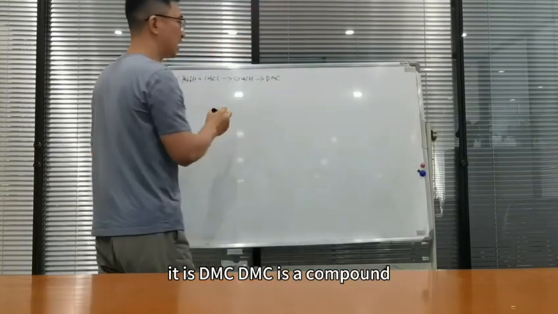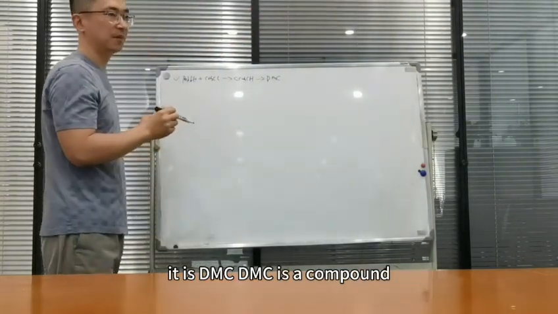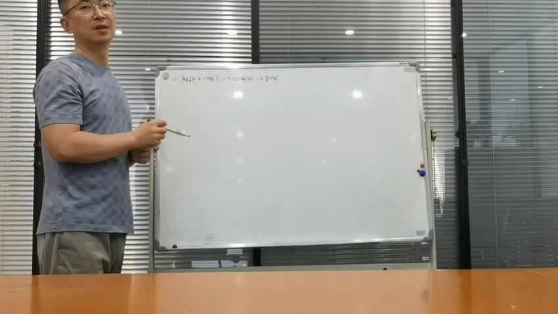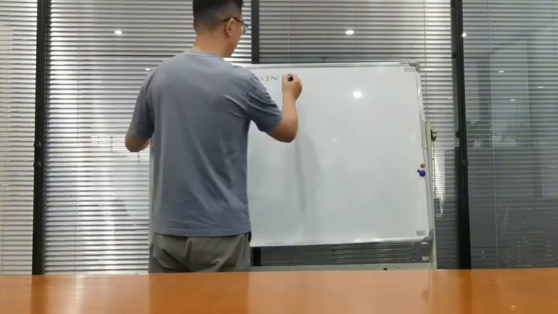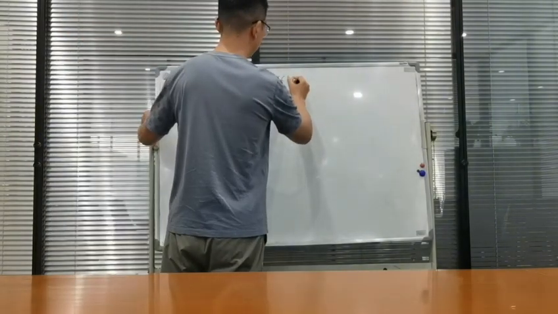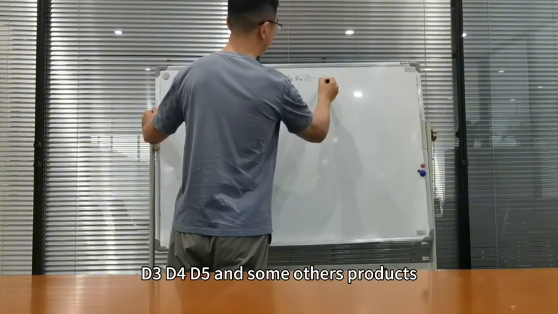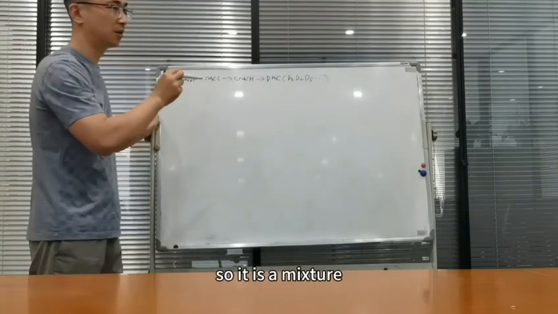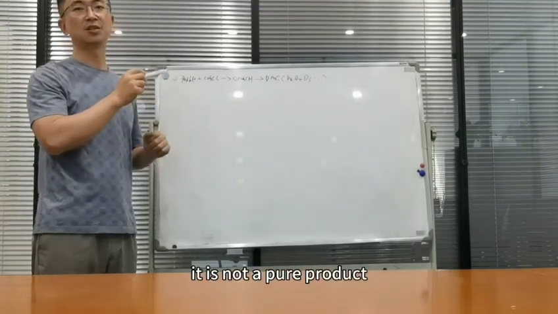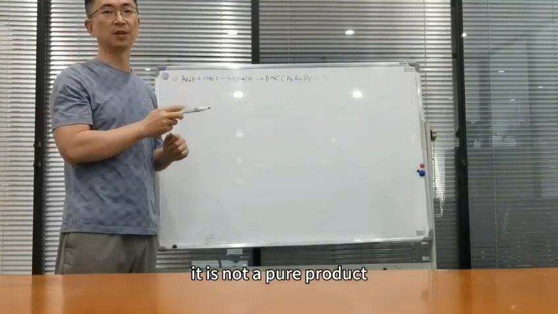It is DMC. DMC is a compound. This compound includes D3, D4, D5 and some other products. So it is a mixture. It is not a pure product.